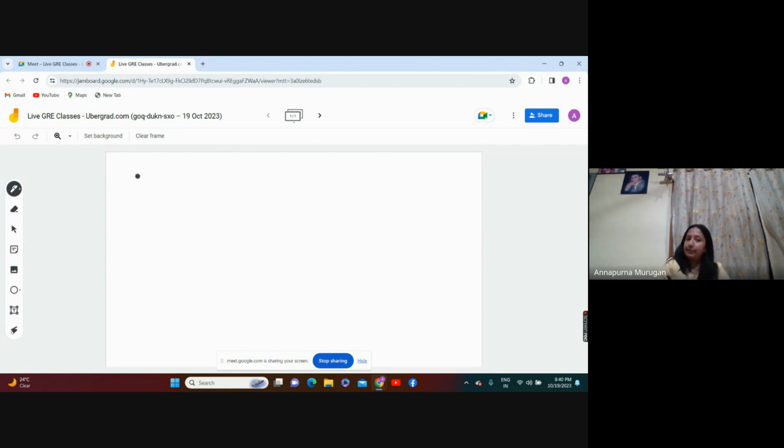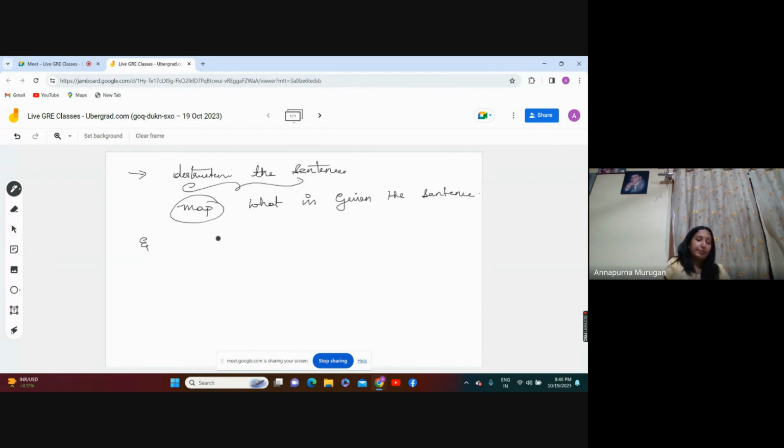Basically, for sentence equivalence, you need to destructure the sentence. That means you need to understand, or map, what is given in the sentence and what is the movement of the sentence.